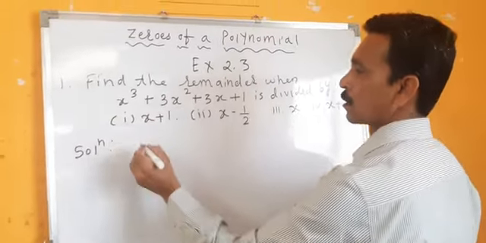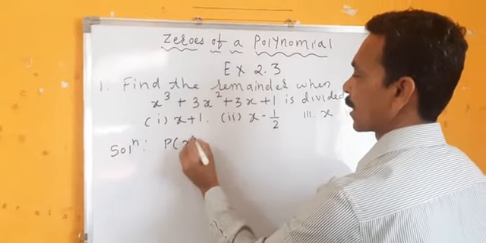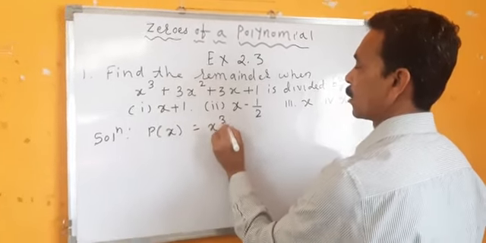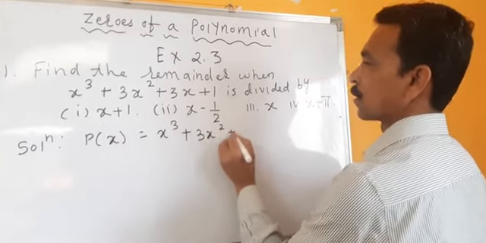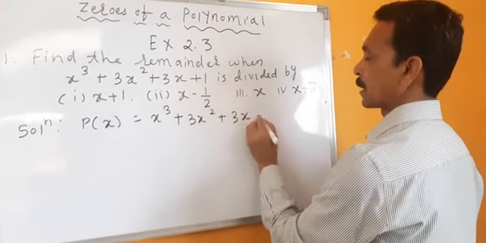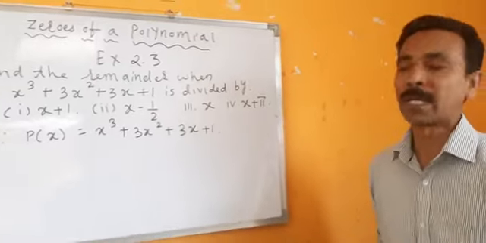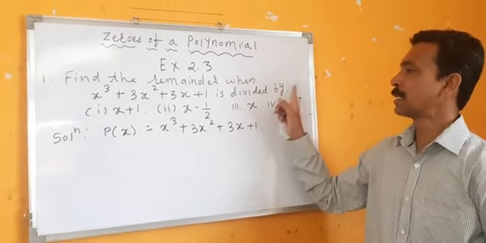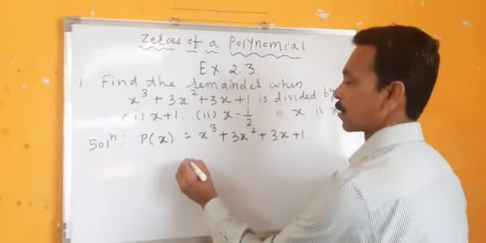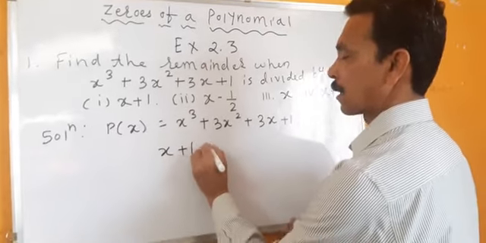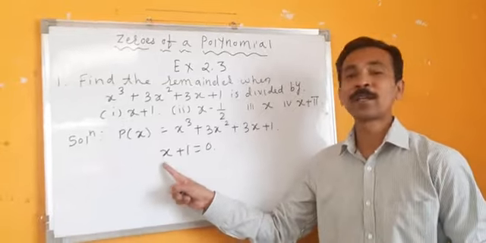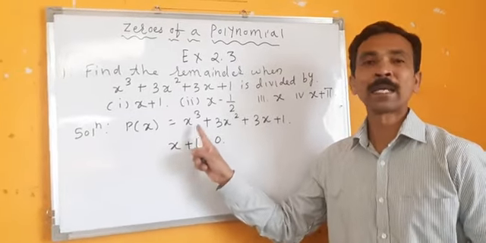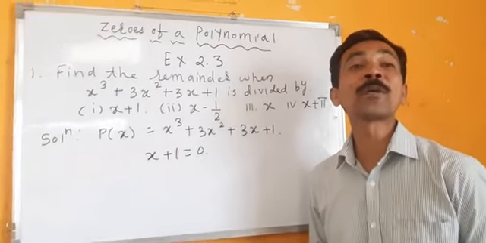solution. What is p of x? x cube plus 3x squared plus 3x plus 1. This p of x is divided by x plus 1, means x plus 1 is equal to 0, because we have to take the value of x to place in the polynomial, that is p of x.